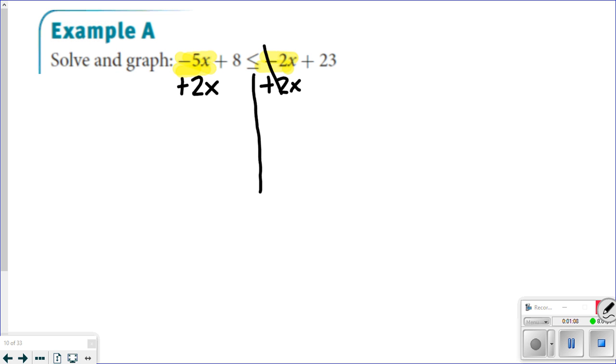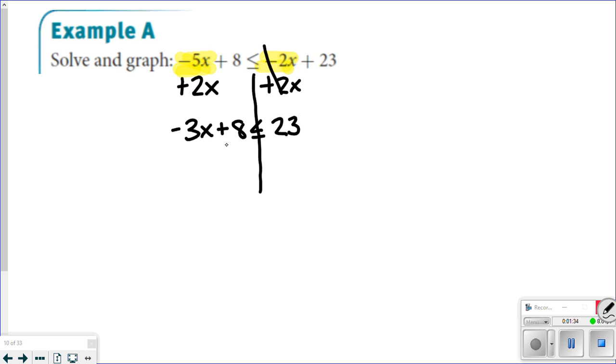Negative 5 plus 2 is negative 3x. Bring down your plus 8 and the inequality symbol. And then we have a 23. Next, we want to move our numbers together away from this negative 3x.